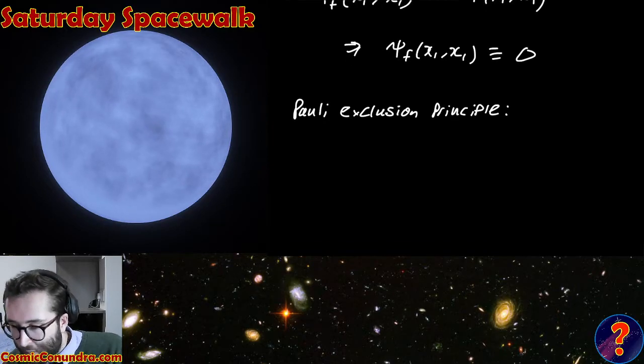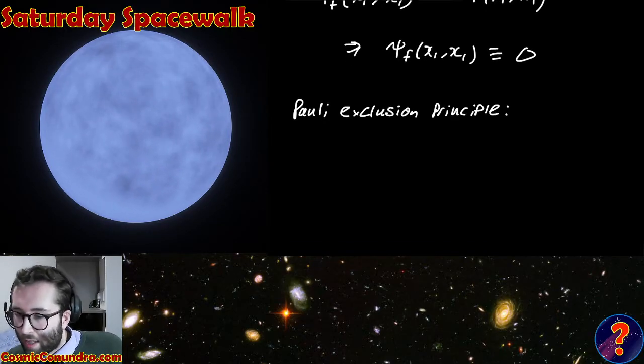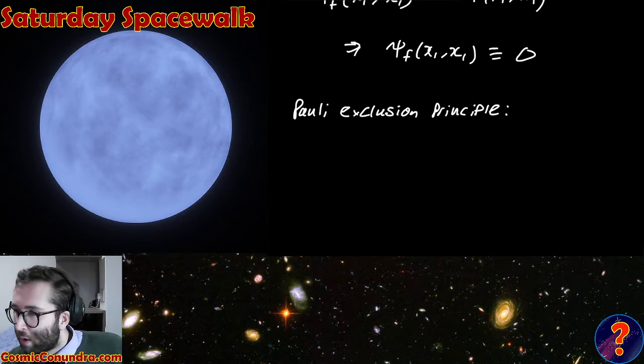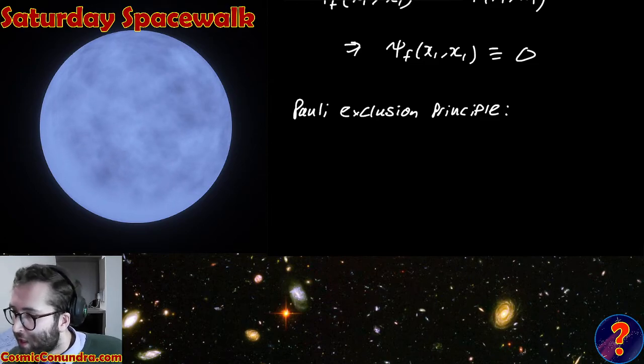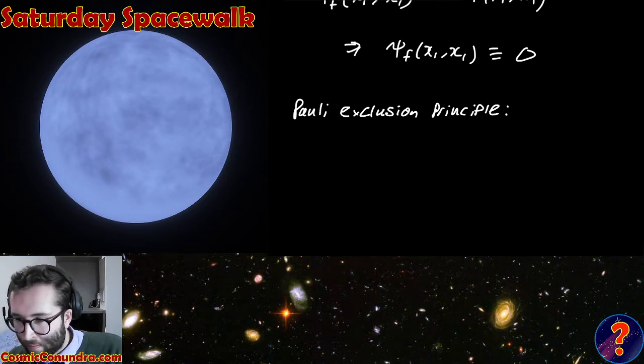And the exclusion principle is the foundational thing that tells us why white dwarf stars are supported. The exclusion principle is what generates this pressure force that keeps them supported against gravity.